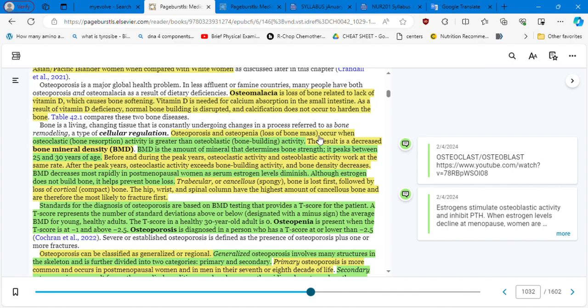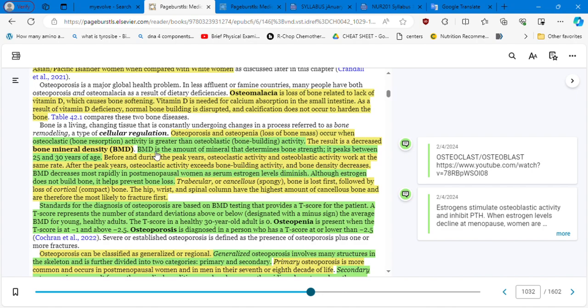So osteopenia is loss of bone mass that occurs when osteoclastic bone resorption is greater than osteoblastic bone building activity. We know that osteoclastic, the C, relates to cut, to destroy, it is bone destruction. So in osteoporosis, the amount of destruction is greater than the amount of bone creation. The result is a decrease in bone mineral density.